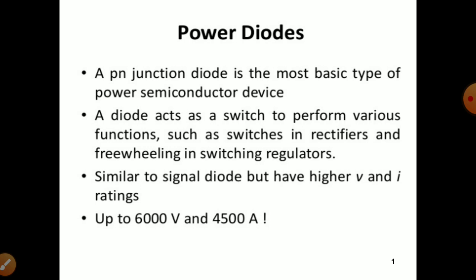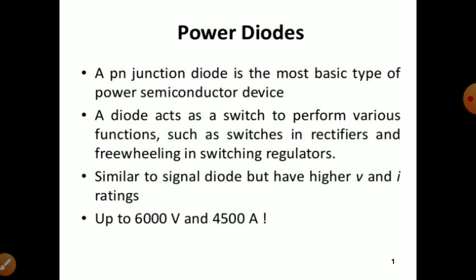The diodes we discussed in the previous semester are signal diodes, whose voltage and current ratings are less. Here the ratings are more, which is why these are called power diodes.